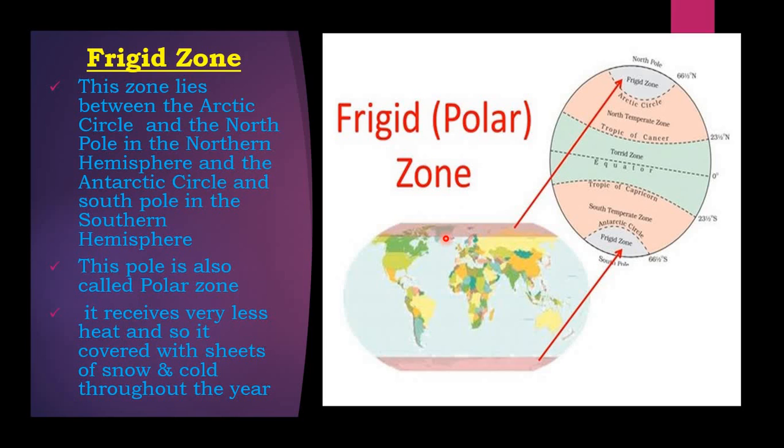Even though the sun rays fall on it, it does not receive much of it because of the snow. This area is very cold throughout the year. Because the area is almost covered with snow, this frigid area called the polar zone receives very little heat and always remains very cold.